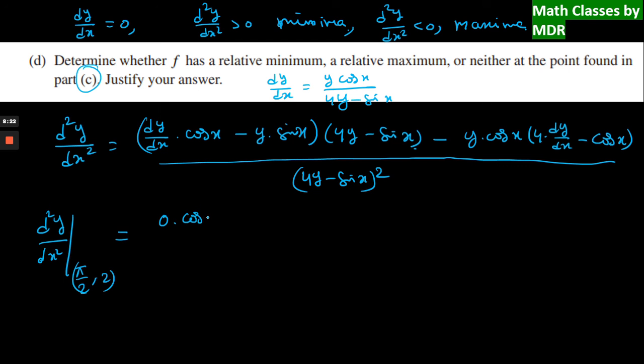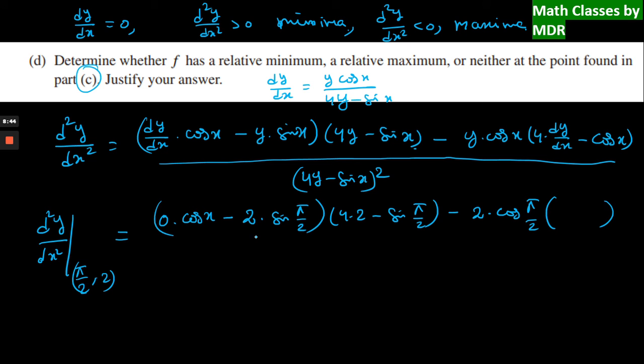Then y is 2, into sin pi by 2, so 4 into 2 minus sin pi by 2, minus y is 2, and cos x is cos pi by 2, which is equal to 0. So whatever you have in the bracket becomes 0.